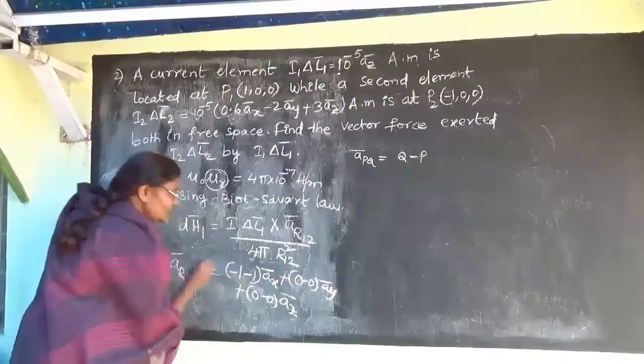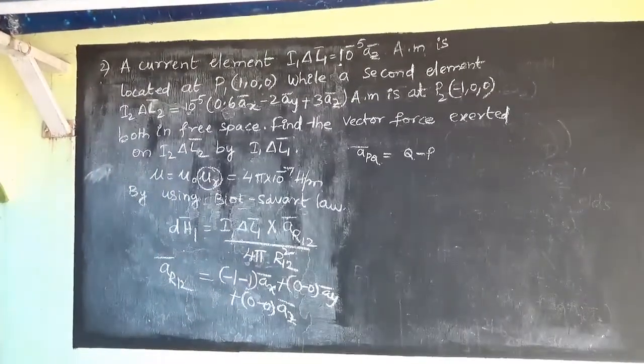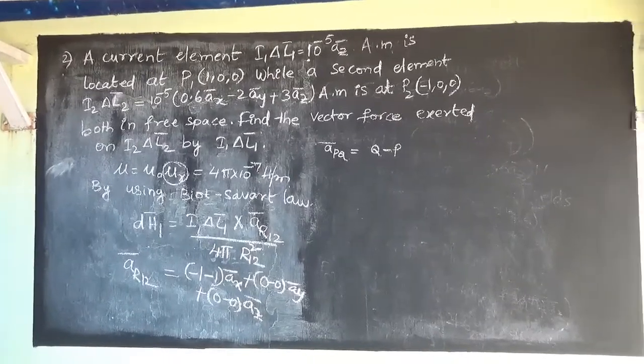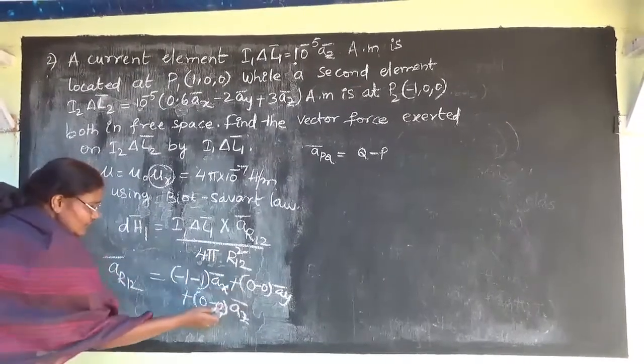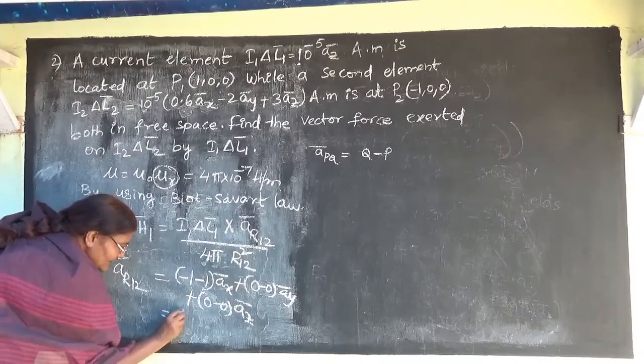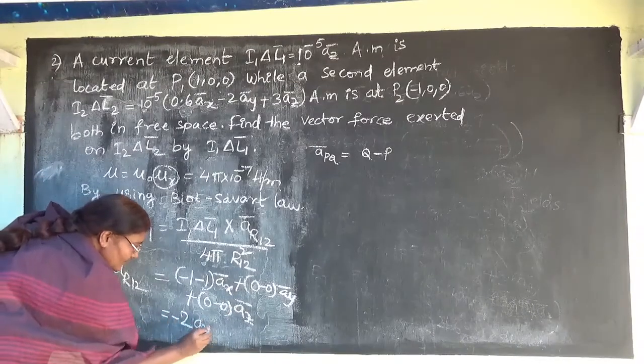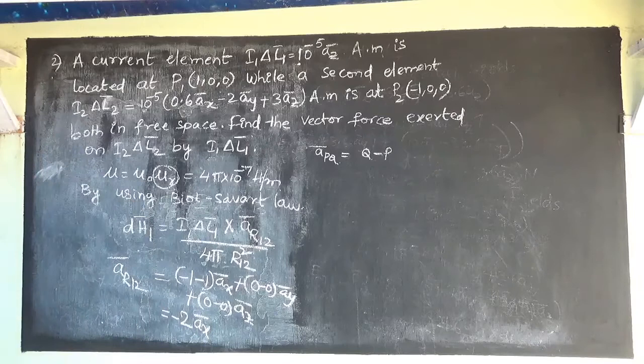This is your unit vector. So these two will be 0. So my unit vector will be minus 2 AX bar.